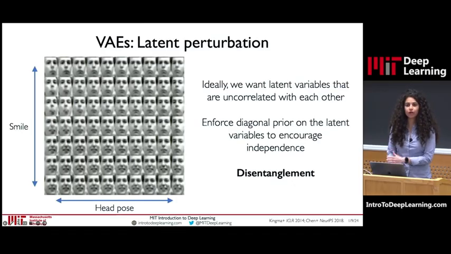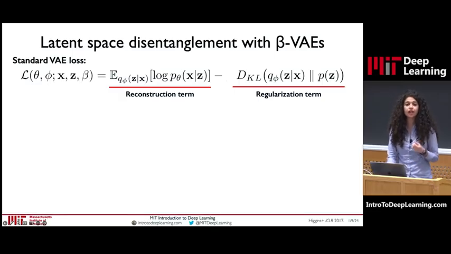Turns out, in practice, right, there's a pretty straightforward solution to actually encourage disentanglement when you learn a VAE. And the solution is to basically weight the reconstruction term relative to the regularization term and tune the relative strength of these two components of the loss to encourage disentanglement.